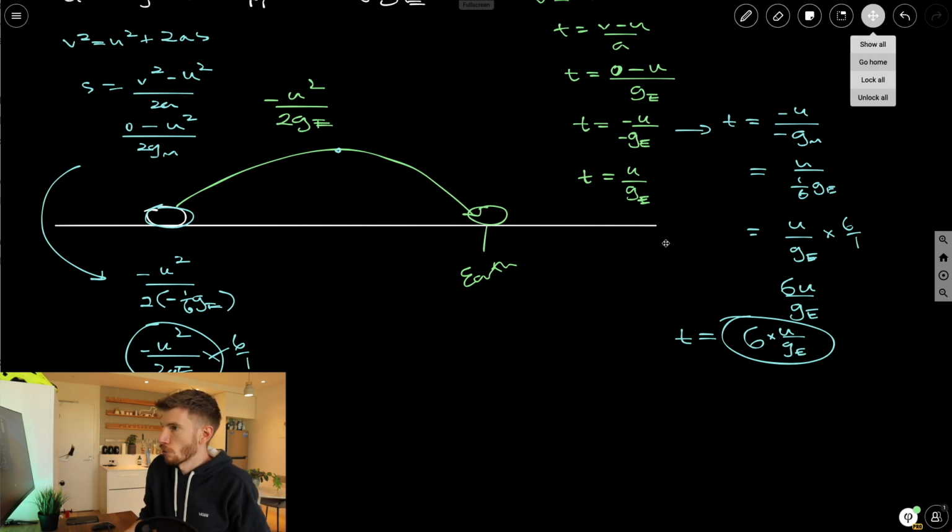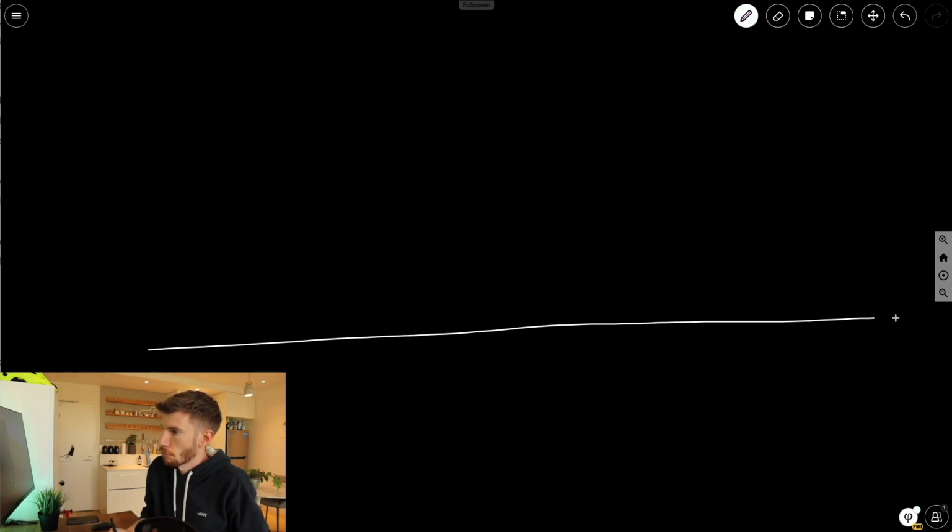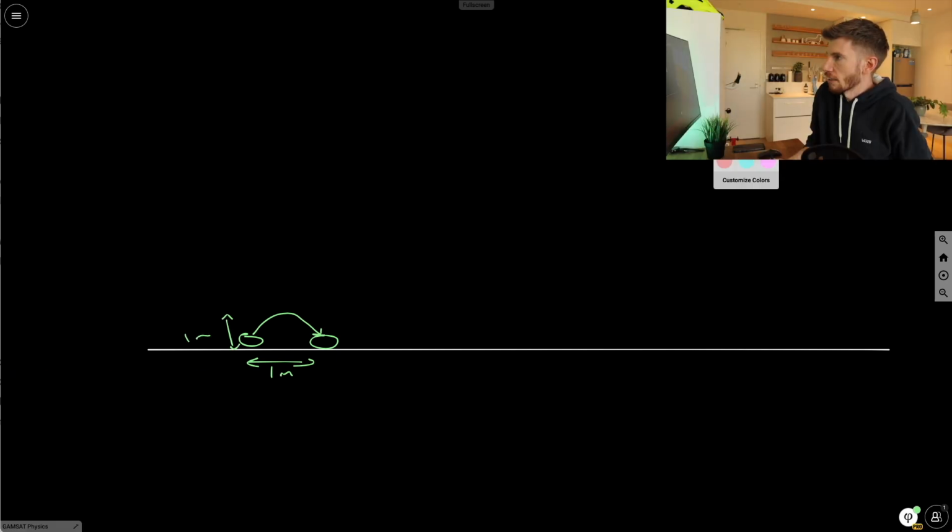And so if we redraw this out, I'll do it down here. Comparing these two, you wouldn't ever need to draw this, but on the Earth, the ball would do, well, I'll try to do it roughly to scale. Like that. And let's say that is 1 meter, just to keep things simple. It reaches a height of 1 meter, and it takes 6 seconds. Ignore the maths because that probably won't match.